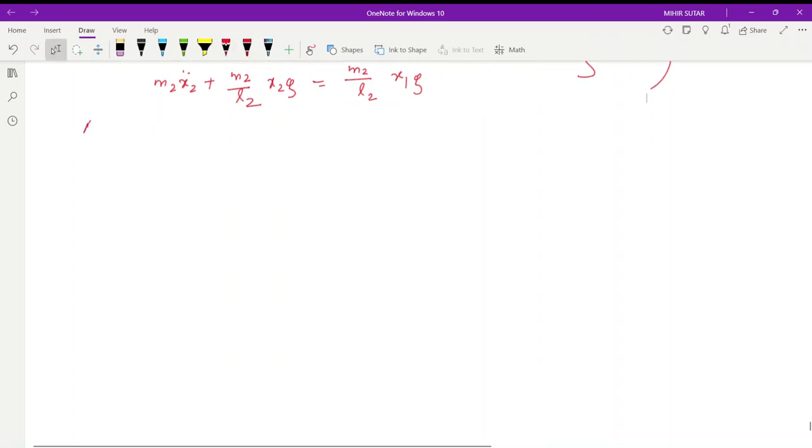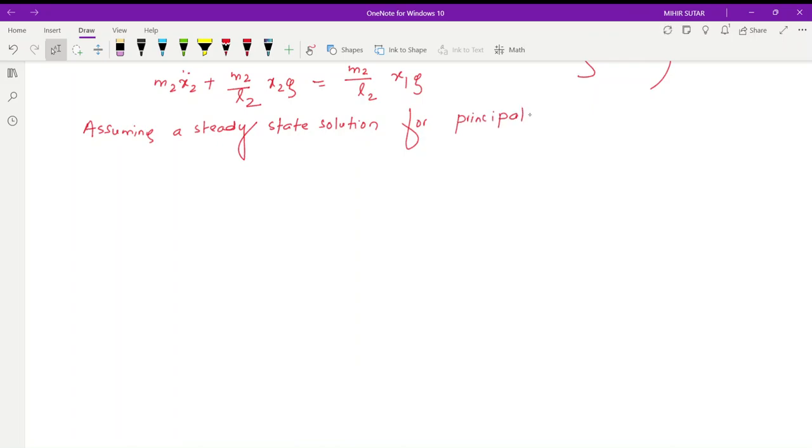Now assuming a steady state solution for principal mode of vibration, x1 as capital X1 sin omega t and small x2 as capital X2 sin omega t.